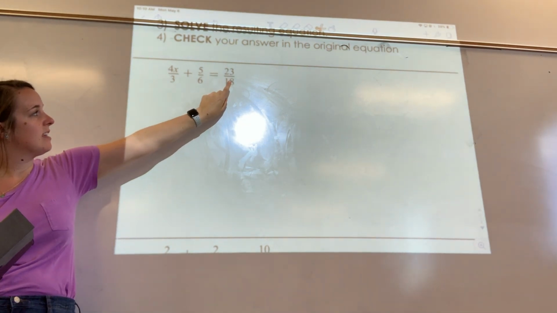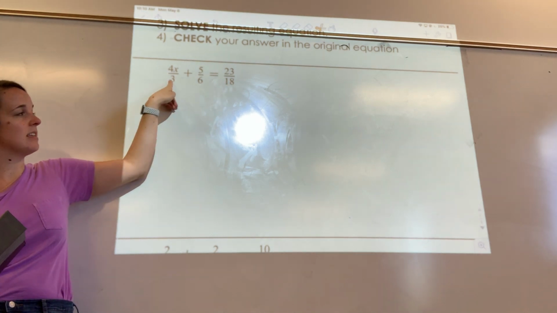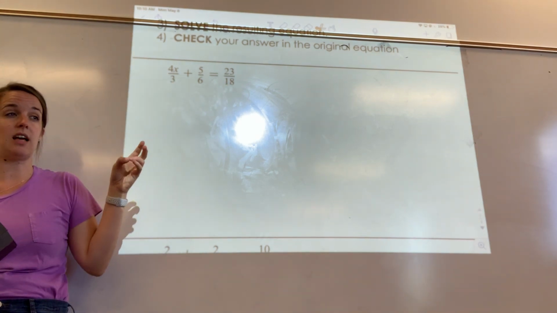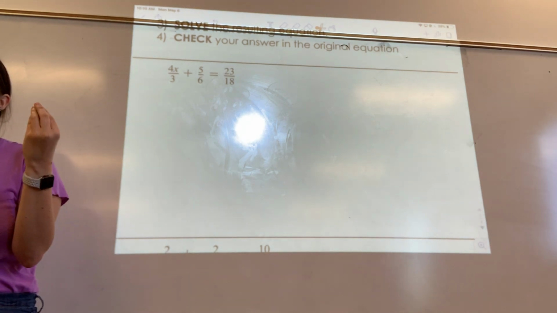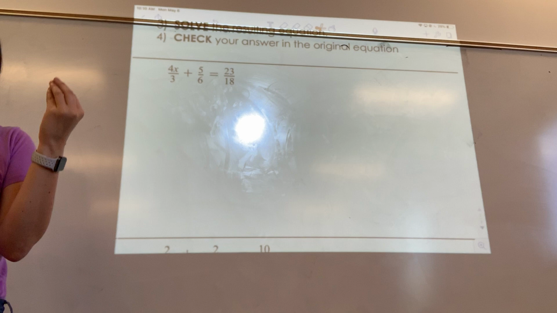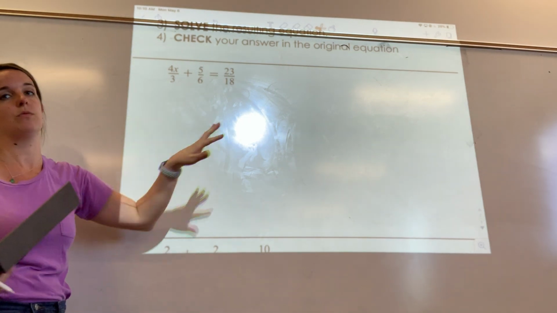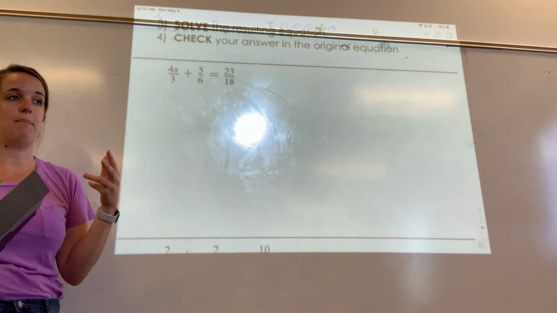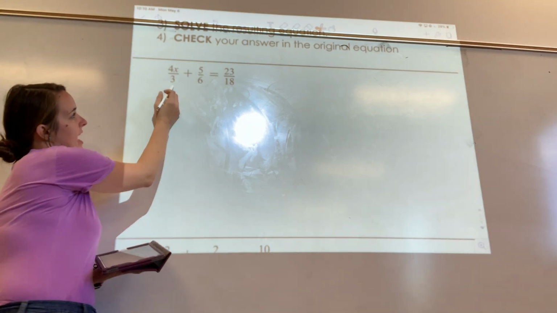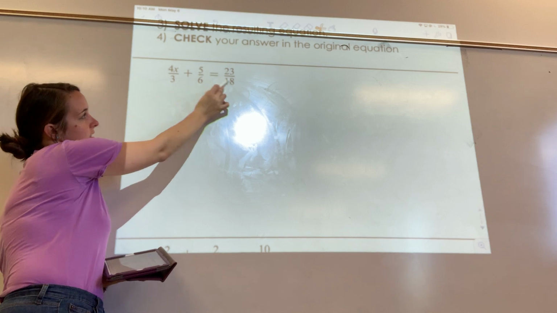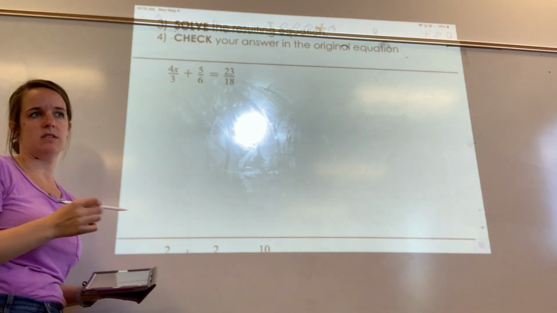So I see that this one has 18, this one has 6, and this one has 3. I want to find a least common denominator, so I'm going to multiply times whatever I need to make their backyards the same. Does that make sense? So if I have 18, 6, and 3, what's the least common multiple between those numbers?